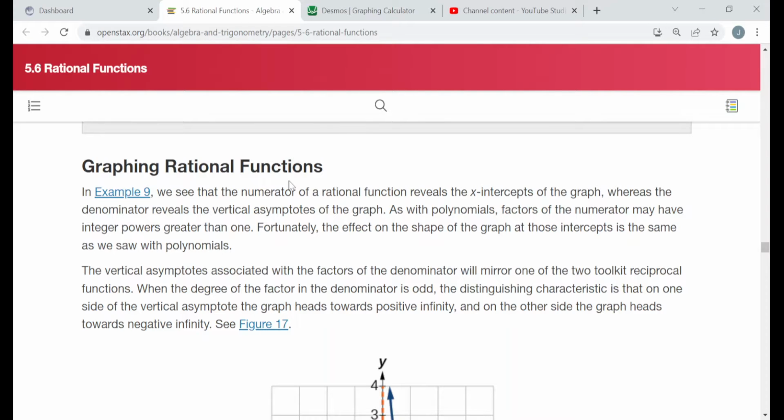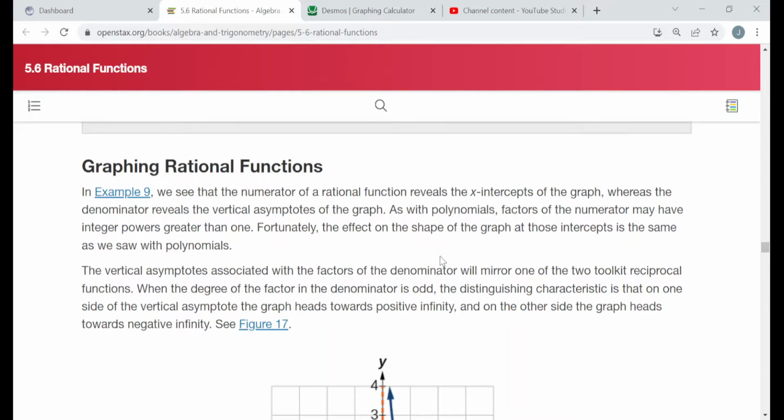Each example I'm pulling from here is either one of the examples from the reading, one of the try it problems, or one of the exercises at the end of the section that's related to this particular objective.